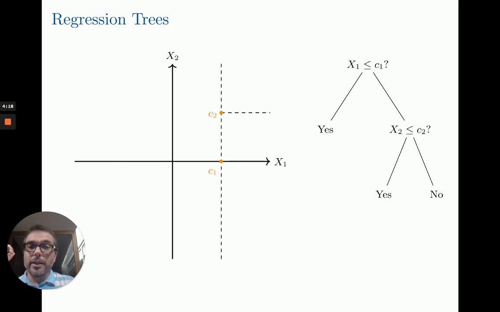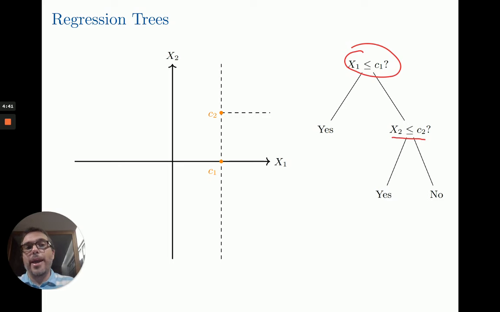Okay? And then we can make another decision, and now you see here why I'm saying that it's hierarchical, because I'm going to take the first split and look at the cases where x1 is larger than c1, and then I'm going to ask another question.